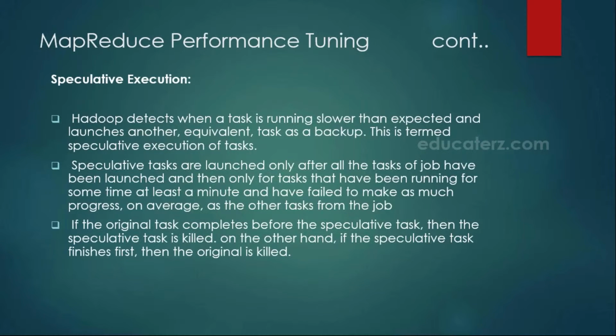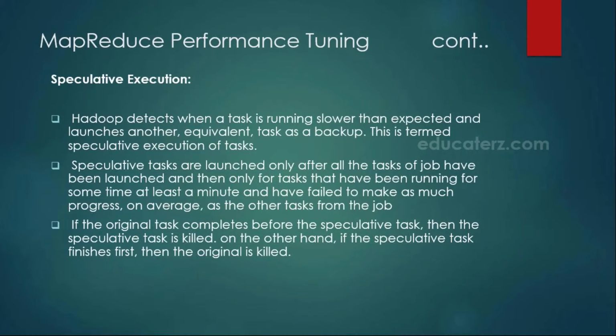There is another technique called speculative execution. Speculative execution means if you have a Hadoop cluster, and one of the map or reducer tasks is slow compared with the other tasks in the system, the system will automatically understand that one of the tasks is very slow.